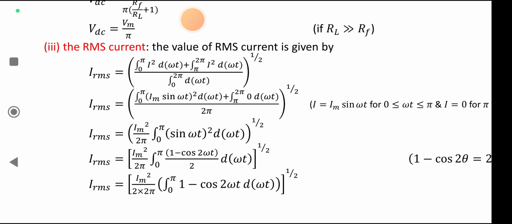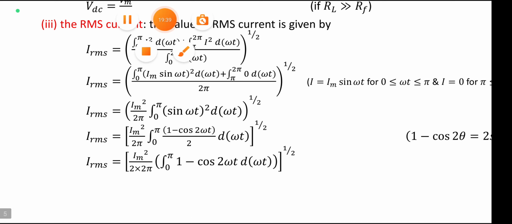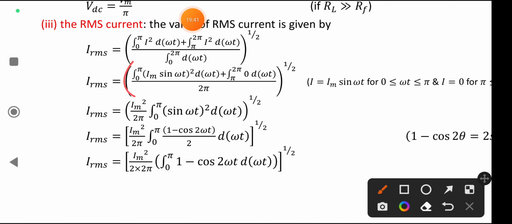Under root there is Im sin omega t whole square, which means Im square is also there. So Im square is taken outside, and 2 pi also is written outside, and the integration from 0 to pi of sin omega t whole square d omega t becomes sine square.